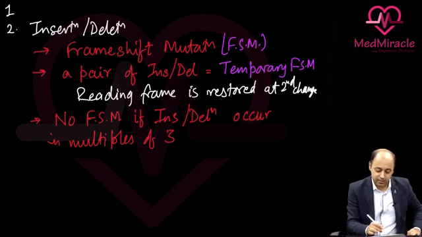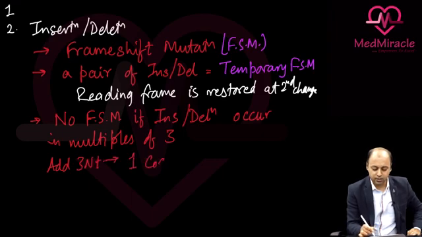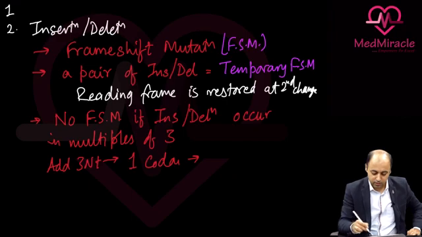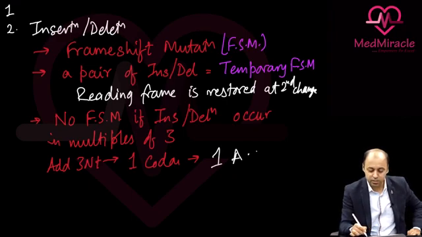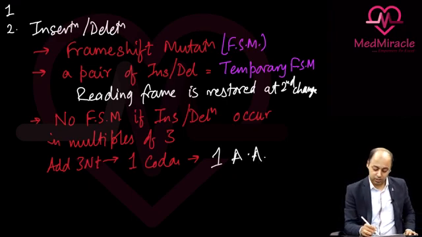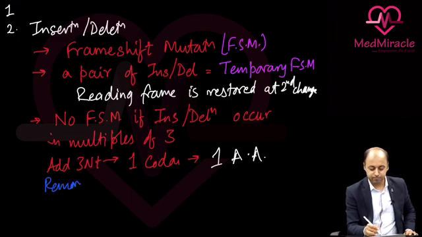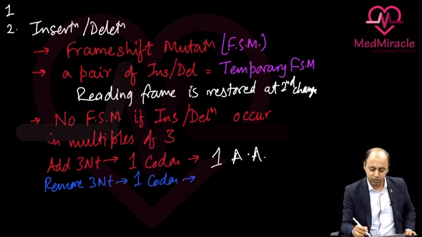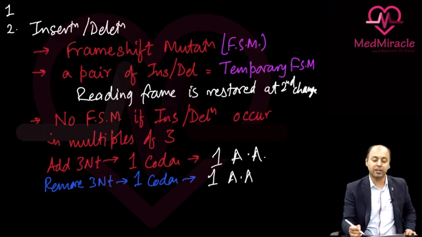So if you add 3 nucleotides, you are effectively adding one codon. In other words, you are adding one amino acid. Similarly, if you remove 3 nucleotides, you are removing one codon, and there will be again the loss of one amino acid.